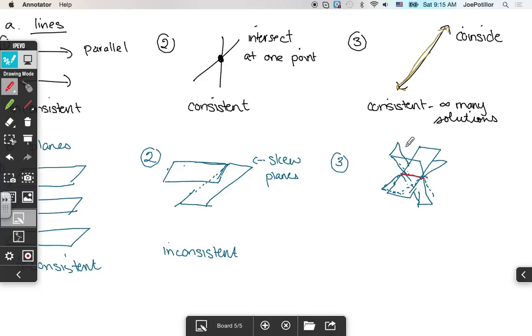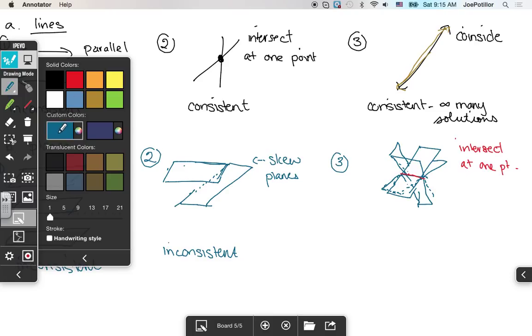This is at 1 point. Intersect at 1 point in this. You can make them intersect at 2 points, and you can make them intersect at 3 points as well. Or at one line, to be more specific, actually.